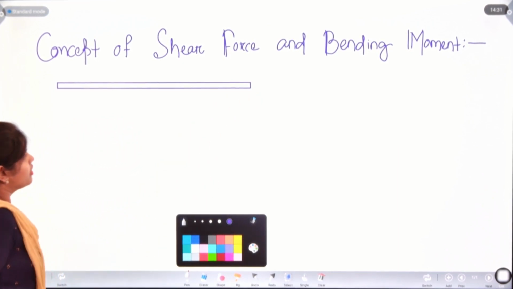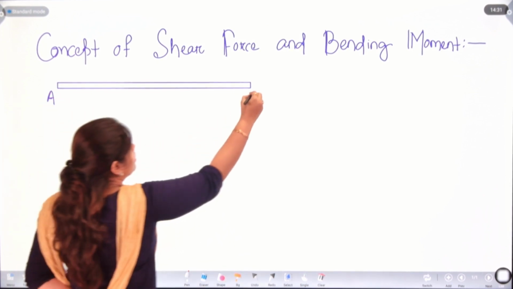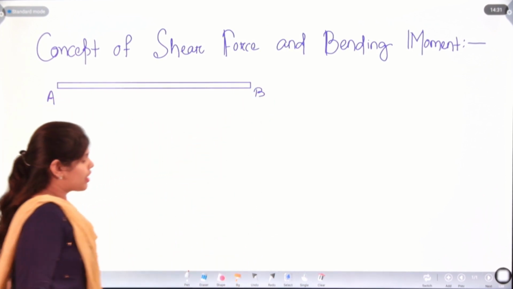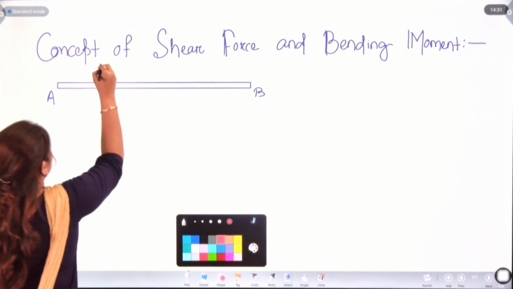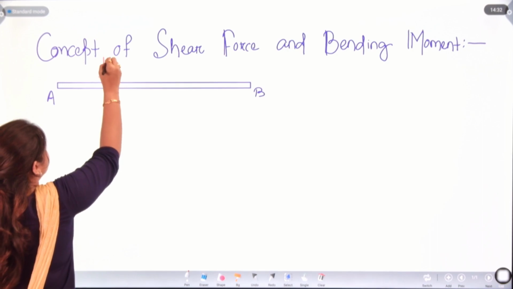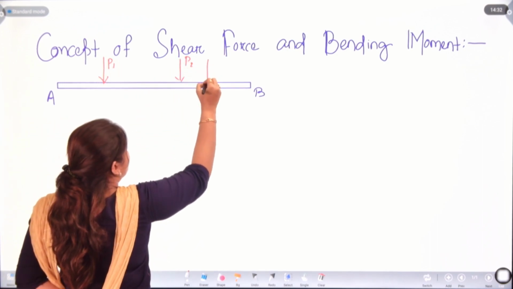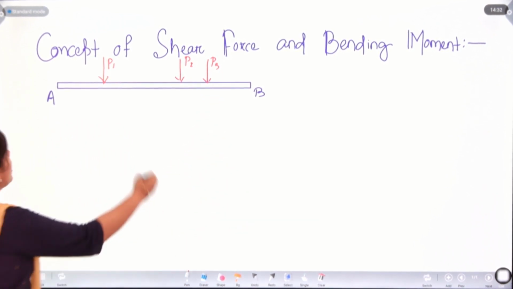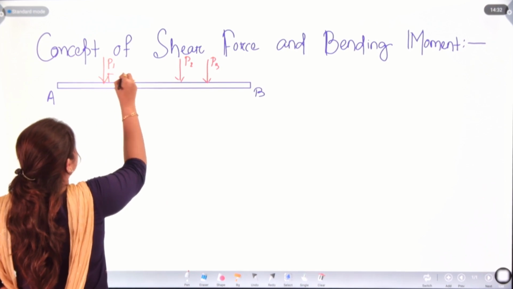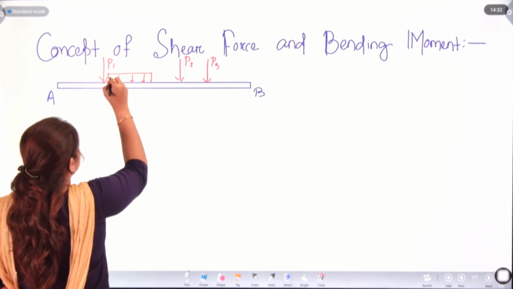Let's start. Here we have taken the beam AB and applied loads P1, P2 and P3. Also we have laid another UDL, uniformly distributed load, as W1.